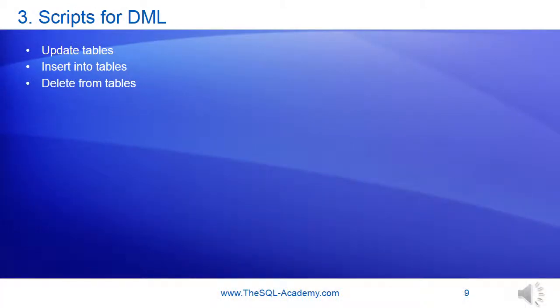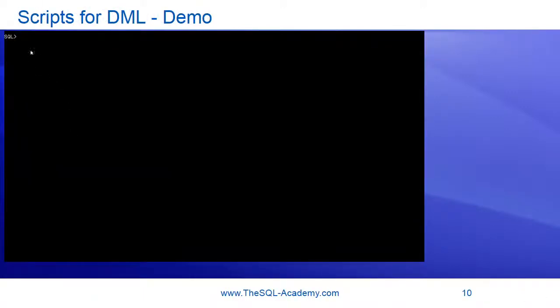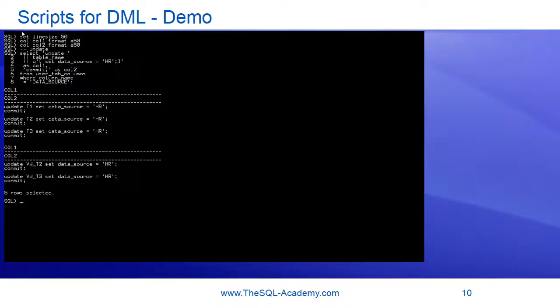In this chapter 3, we will talk about three data manipulation language command scripts: update table, insert into tables, and delete from tables. Let's write a SQL script to generate the update statements. This is a SQL*Plus command for formatting the output.